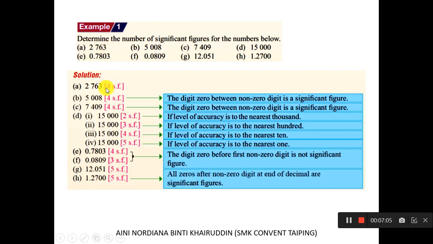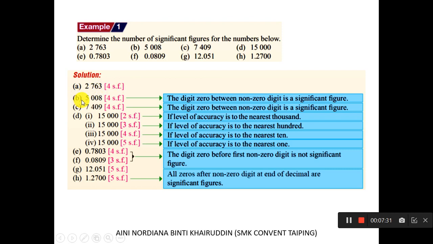This is the solution. We just write the answer like this: 1, 2, 3, 4. So for A, 4 significant figures, because all the digits in this number are significant.